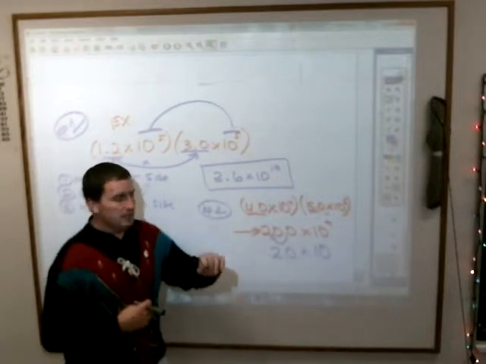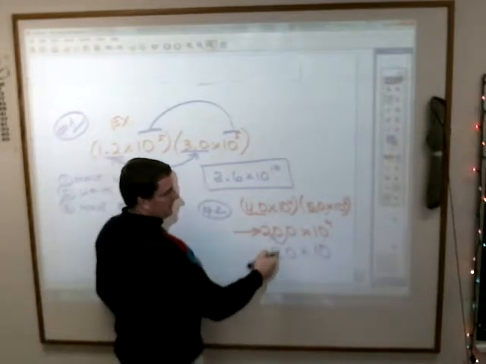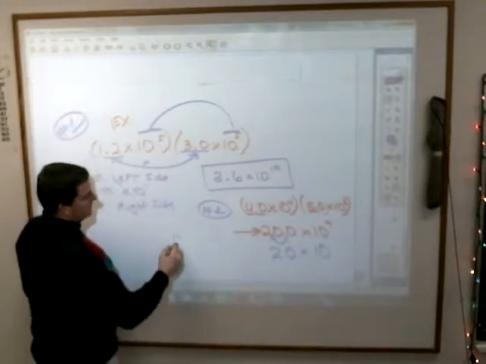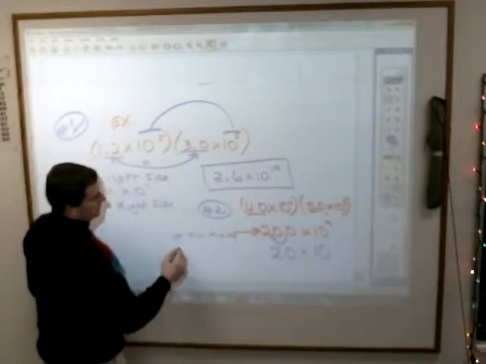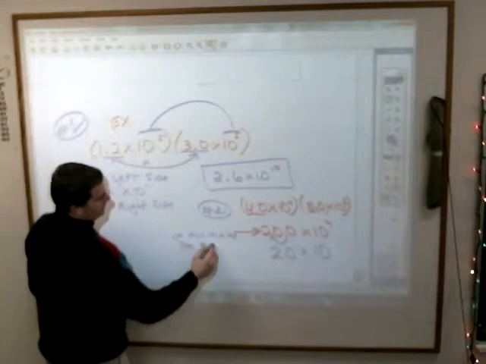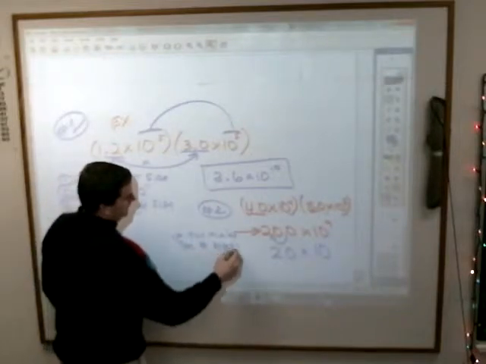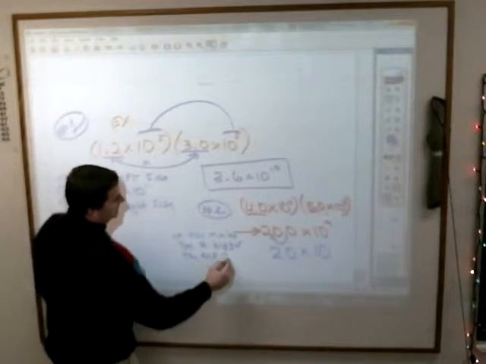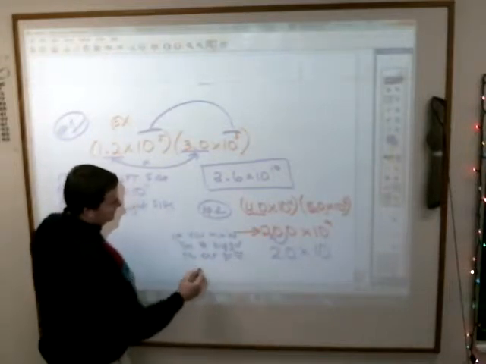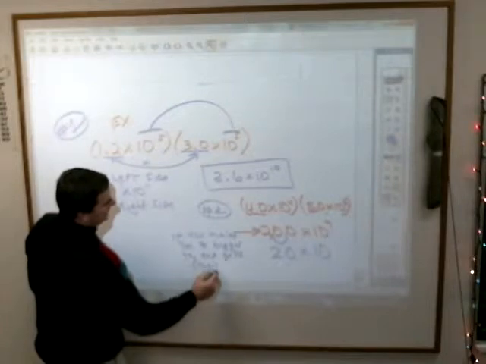I suppose we should write this down. If you make the number bigger, the exponent gets smaller. They kind of balance each other out. And vice versa.